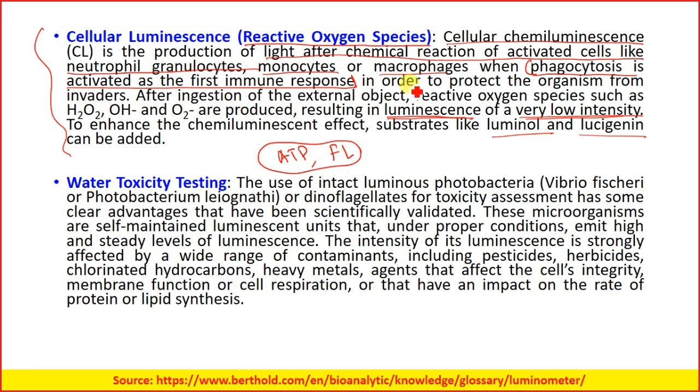In this case, our body's defensive mechanism, that is phagocytosis, itself produces reactive oxygen species like H2O2, OH, and O2- ions, which are luminescent. So we measure the activity of this. Usually they have very low intensity luminescence. To increase the luminescence, luminol or lucigenin are used.